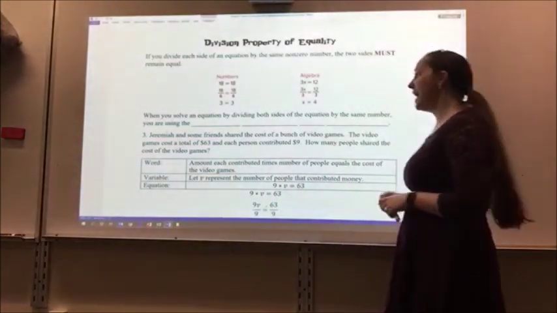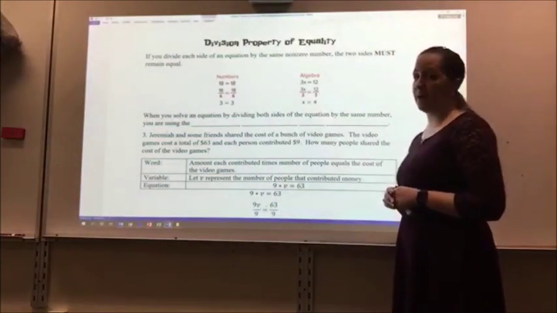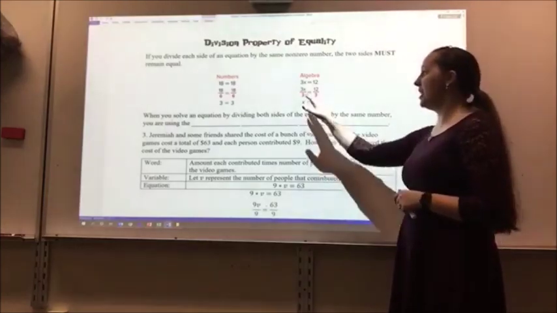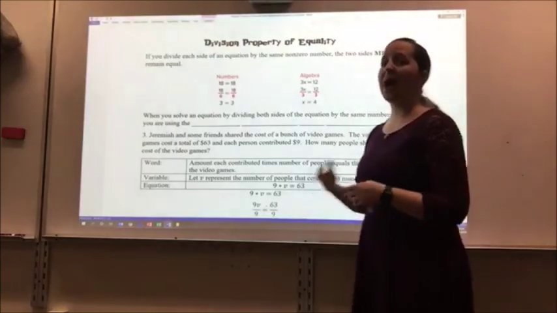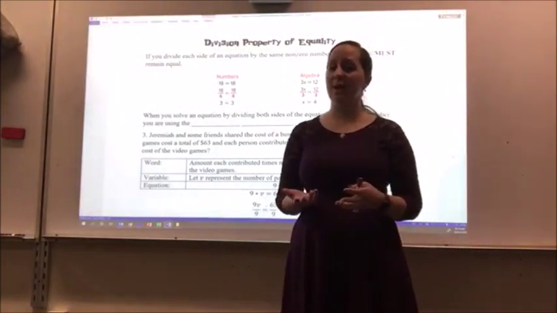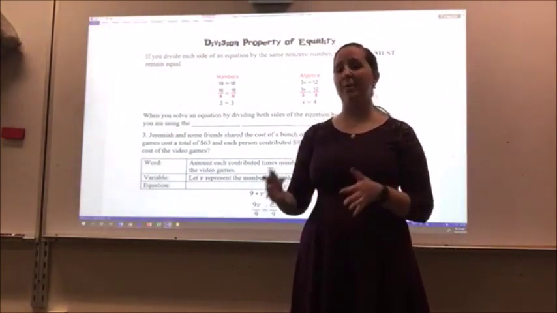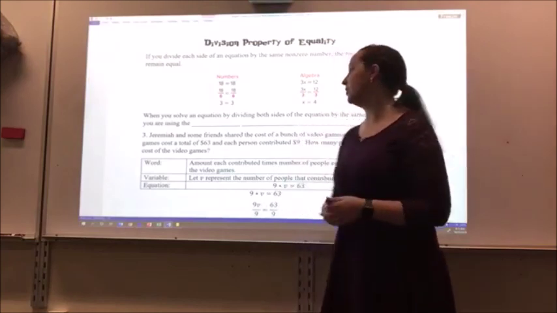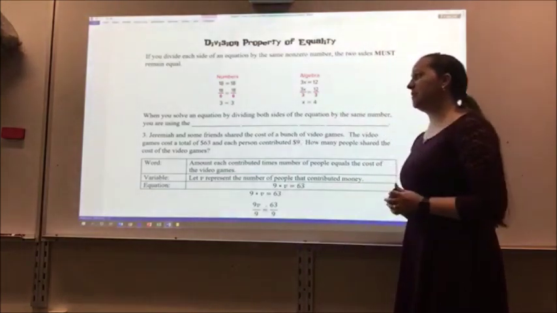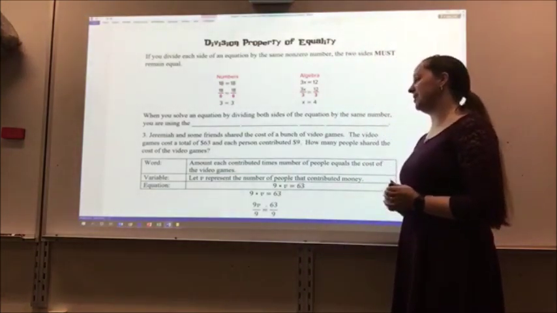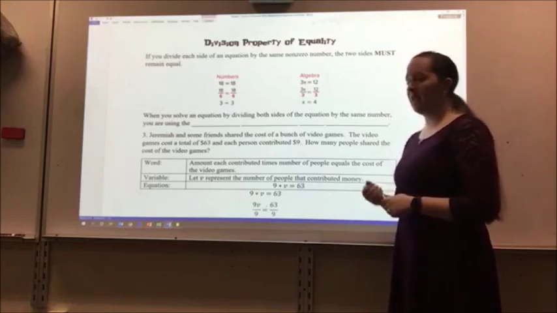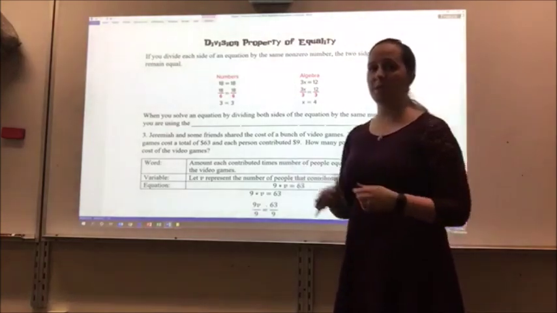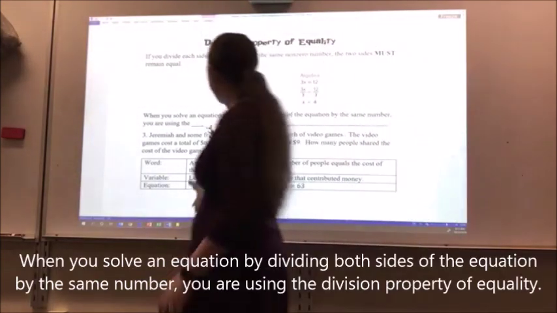In algebra, if I divide both sides by 3, 3x divided by 3 is x, and 12 divided by 3 is 4. I still balanced both sides of my equation by doing the same operation to both sides. When you solve an equation by dividing both sides by the same number, you're using the blank, blank, blank, blank. In those blanks, you're going to write division property of equality.